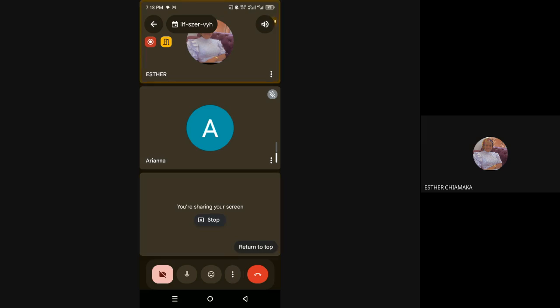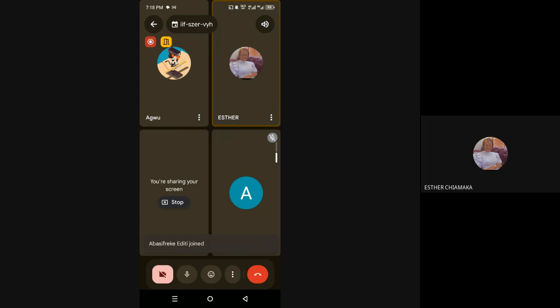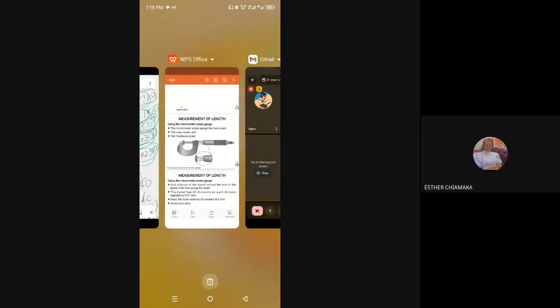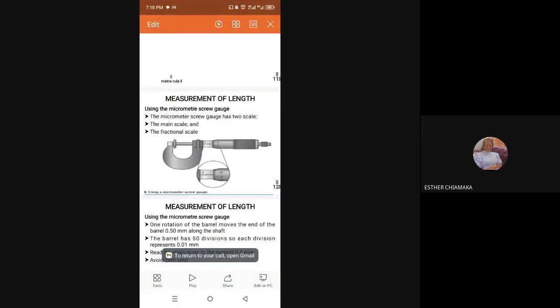Yes, sir. So please pay attention so that when the time comes, I'll guide you on how to do it. If you are having challenges, I'll be able to relate. Since nobody did the exercise and submitted, I want to know, because graph tables carry a larger portion of the scores for practical physics. So when we get there, we'll make use of that.